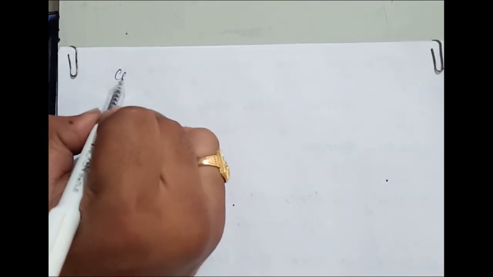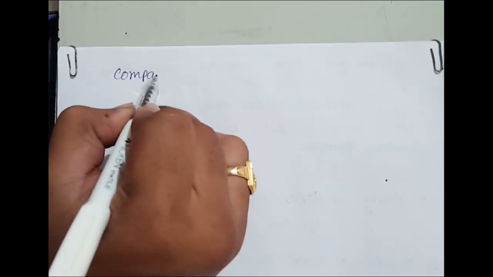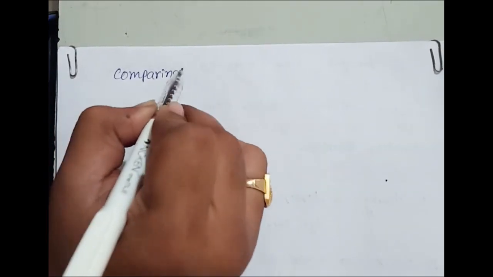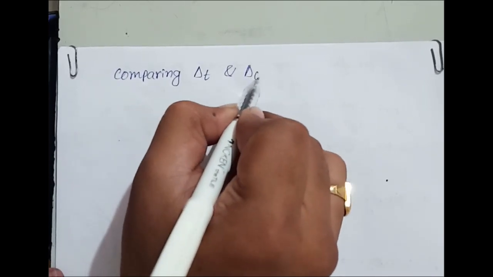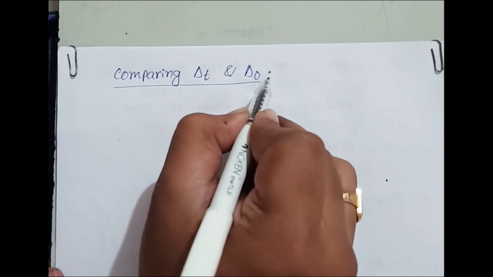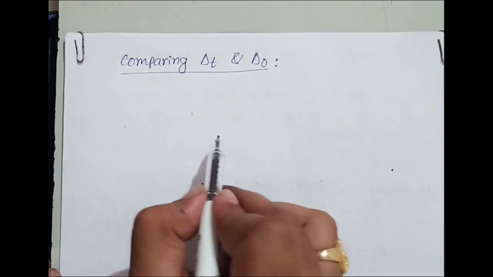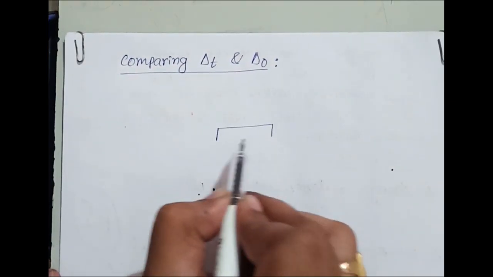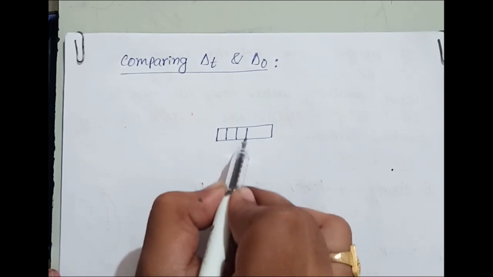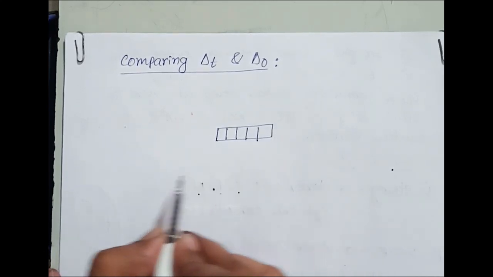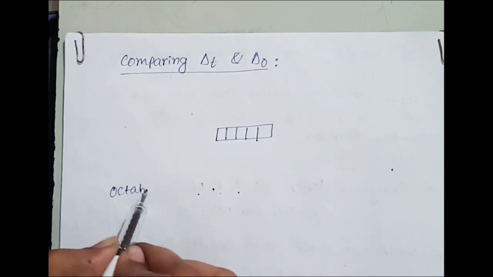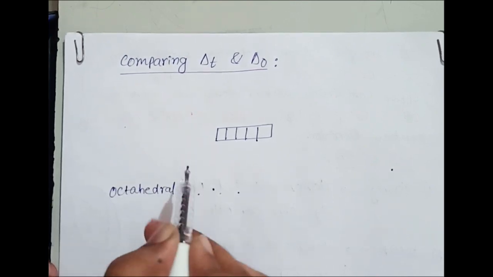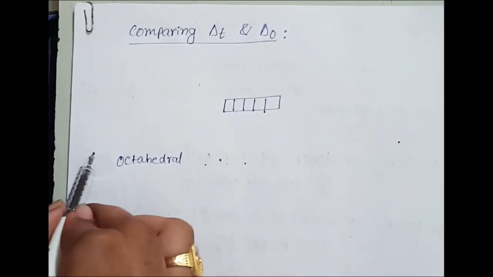Now comparing del T, the splitting energy for tetrahedral, and splitting energy for octahedral system. Suppose there is a complex with d orbitals. Let us say it is forming an octahedral system. In an octahedral system there will be 6 ligands.